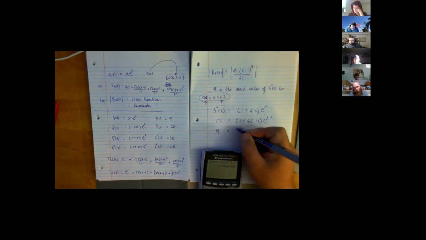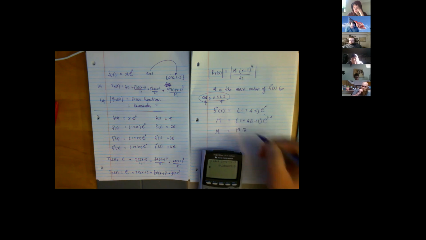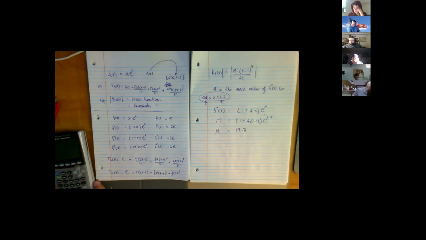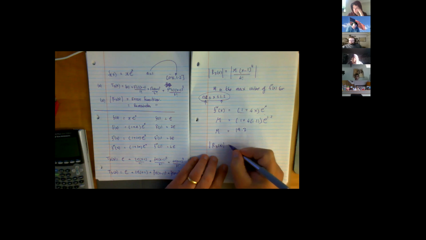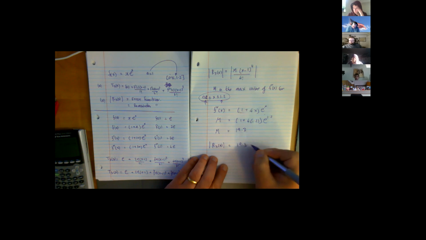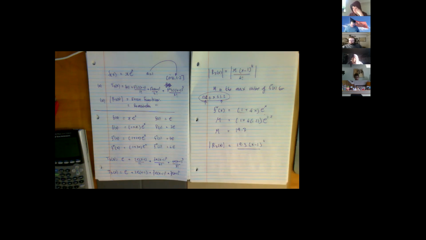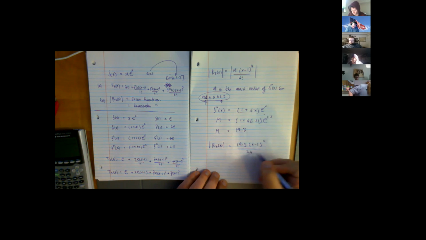And I'm looking at 19 point, well, let's just call it 19.3. Which means that the absolute value of R3 of x is 19.3 times x minus 1 to the 4 over 4 factorial, 4, 3, 12, which is 24.